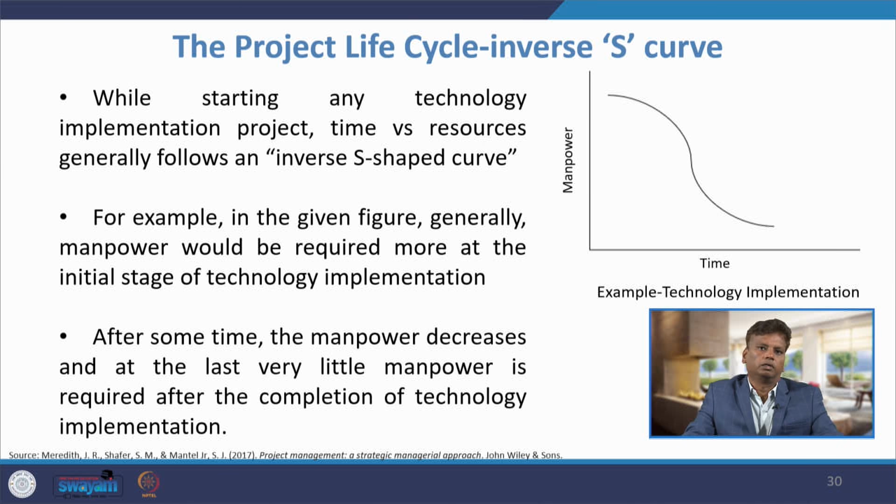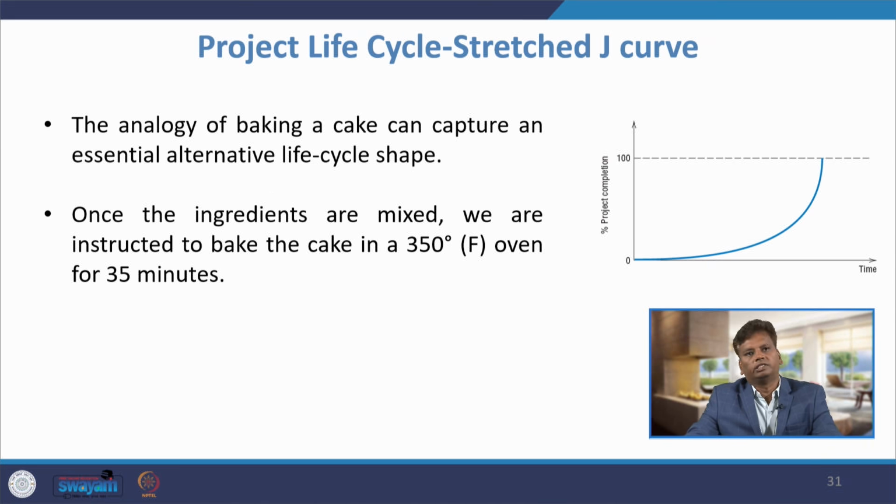For example, in the given figure, generally manpower would be required more at the initial stage of technology implementation. After some time, the manpower decreases and at the last very little manpower is required after the completion of technology implementation.